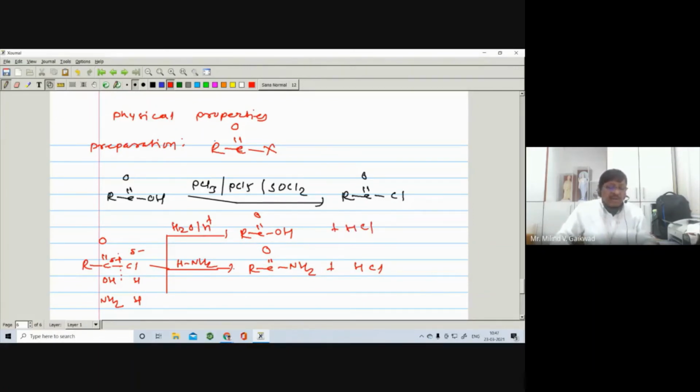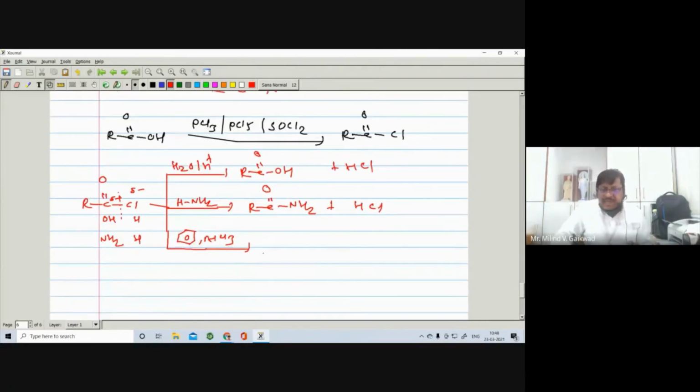Similarly, when you treat the acyl halide with benzene in the presence of anhydrous AlCl3, it undergoes Friedel-Crafts acylation reaction, and the acyl group attacks the benzene, and you get the corresponding acyl benzene.